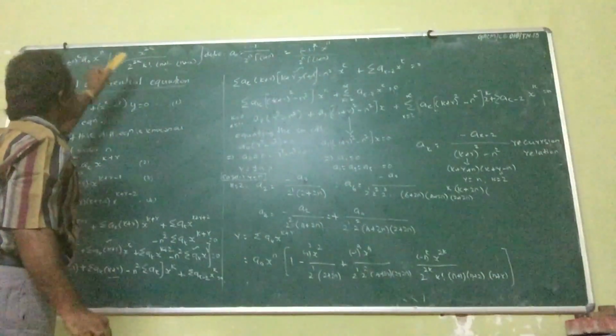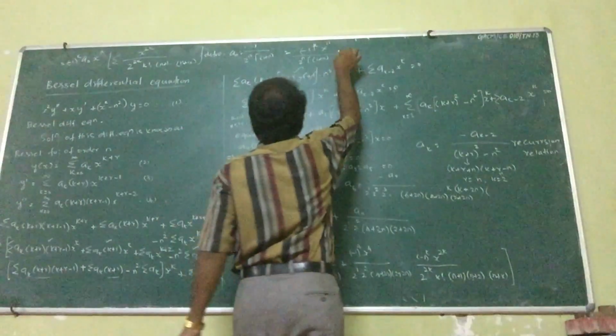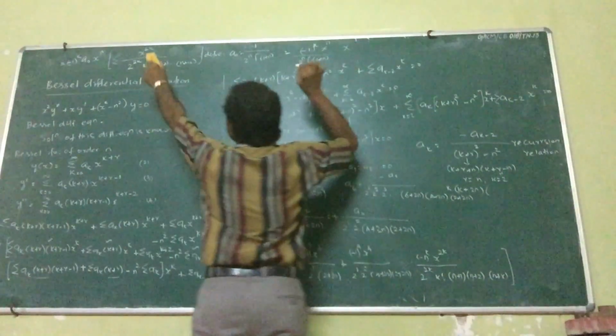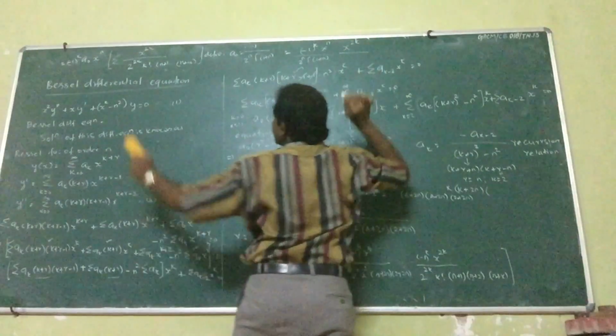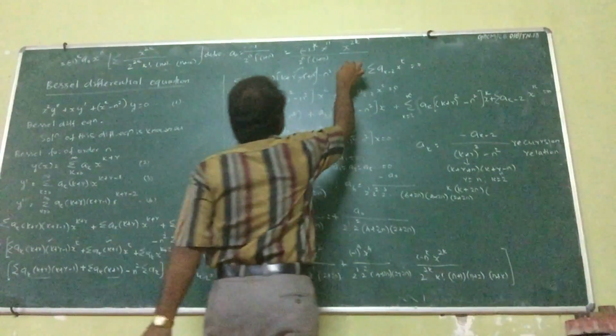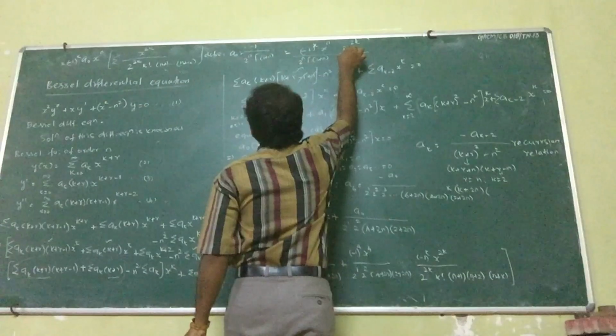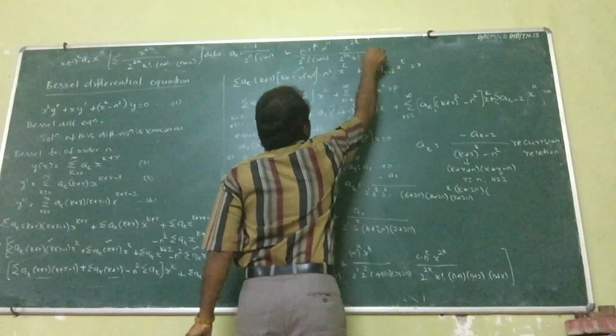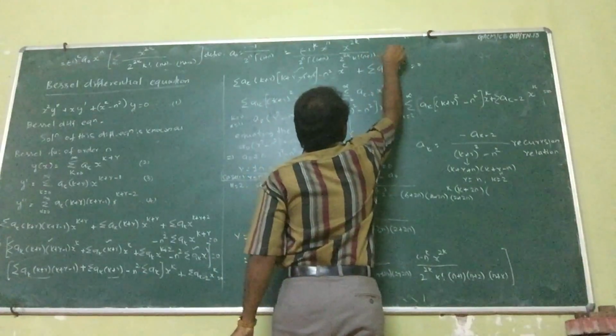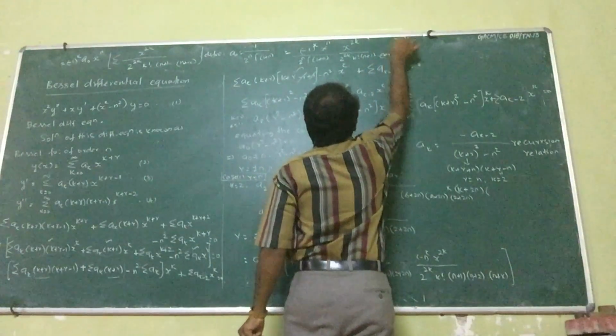I have substituted, so the remaining term will be x to the power 2k, summation, divided by 2 to the power 2k, k factorial, n plus 1 dot dot dot.